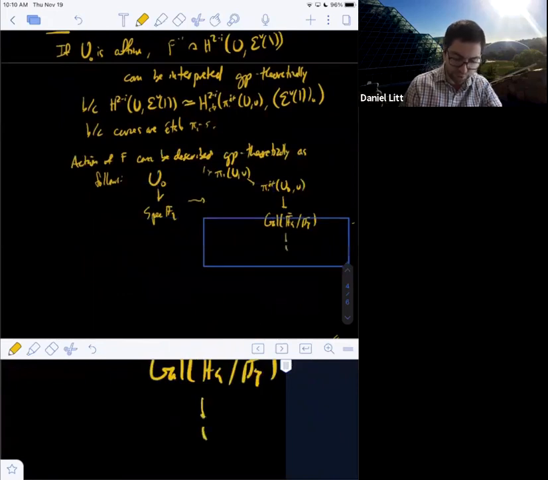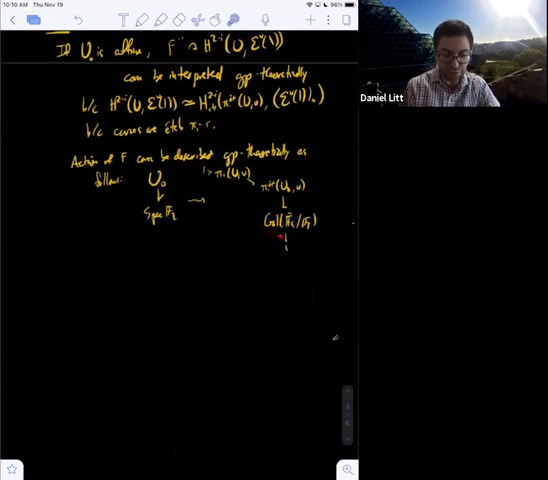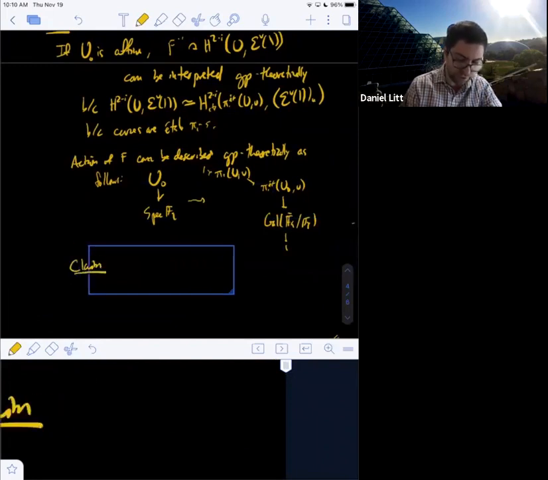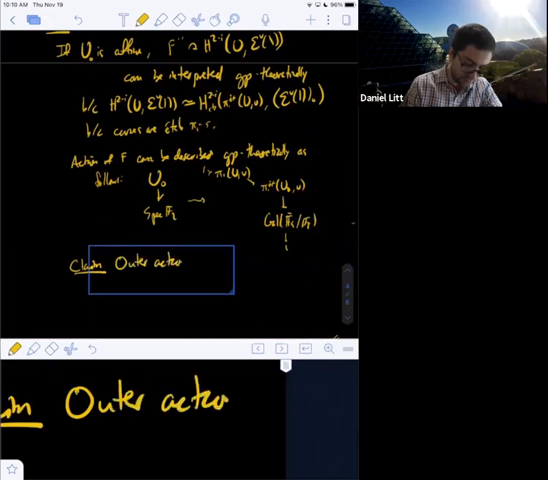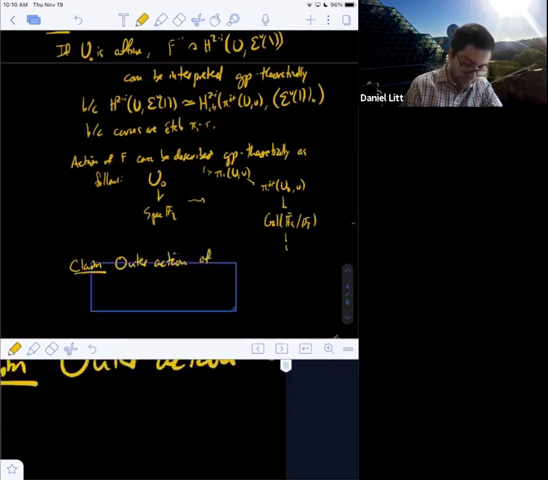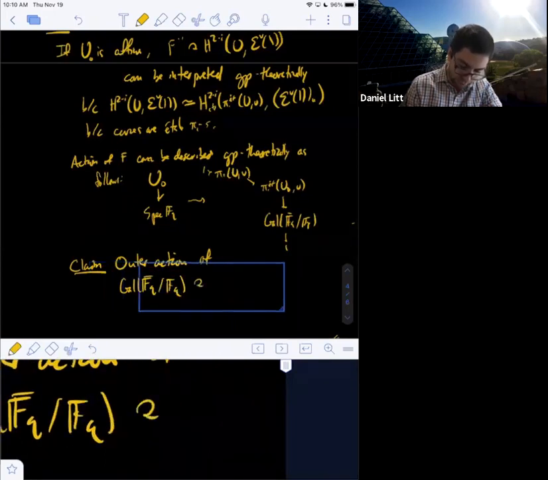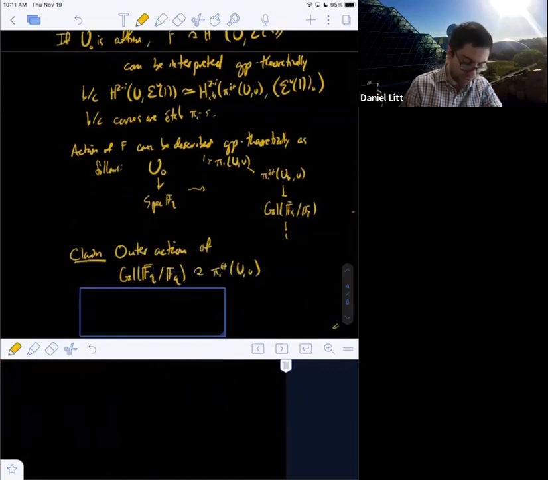So if you have a short exact sequence of groups, the last group inherits an outer action on the first group just by conjugation. And the claim, which I won't prove, but it's a matter of unwinding definitions, is that the outer action of the absolute Galois group on the Etale fundamental group of U, well, first of all, induces an action on cohomology.